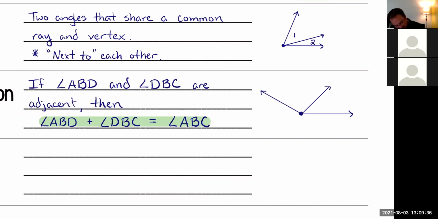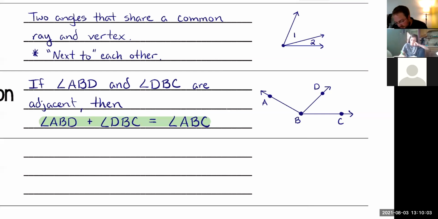And when I go in here to label them, putting my second point on each of these rays, my one here on the left is going to be A, my vertex that they all share is going to be B, and the one here to the far right is C, and then the ray there in the middle is D.